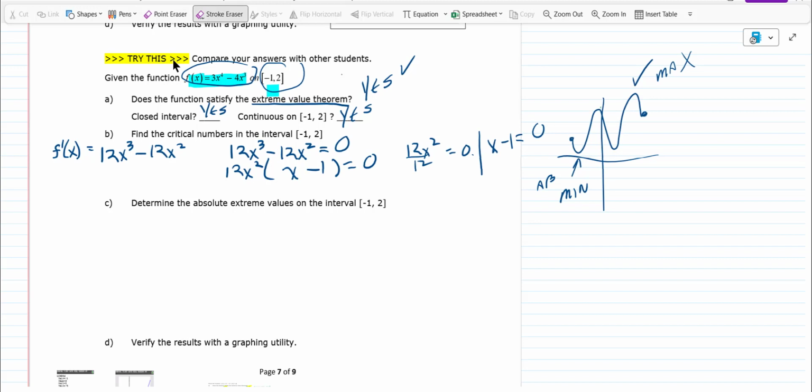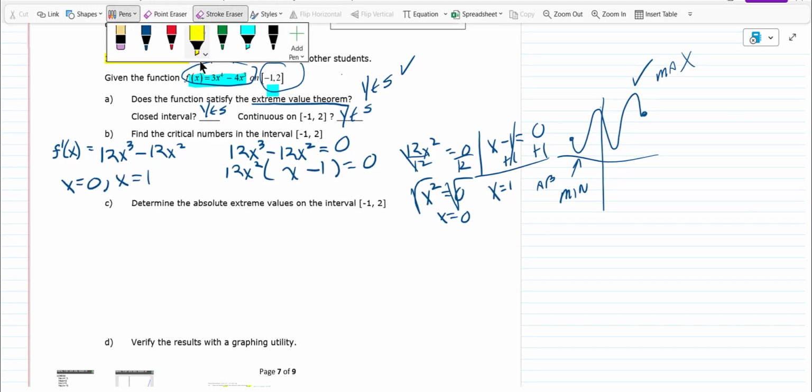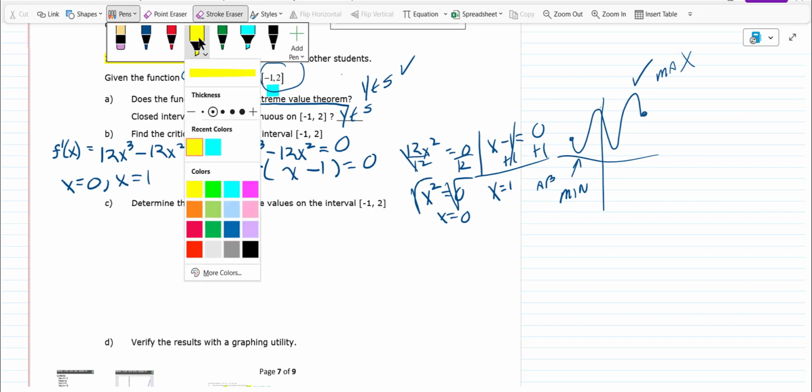Technically, you could divide by 12. That's really unnecessary. You take the square root of both sides, you get x equals 0. Again, I'm just pointing out, sometimes you'll have to show some steps, sometimes you won't. So your critical numbers are x equals 0 and x equals 1.